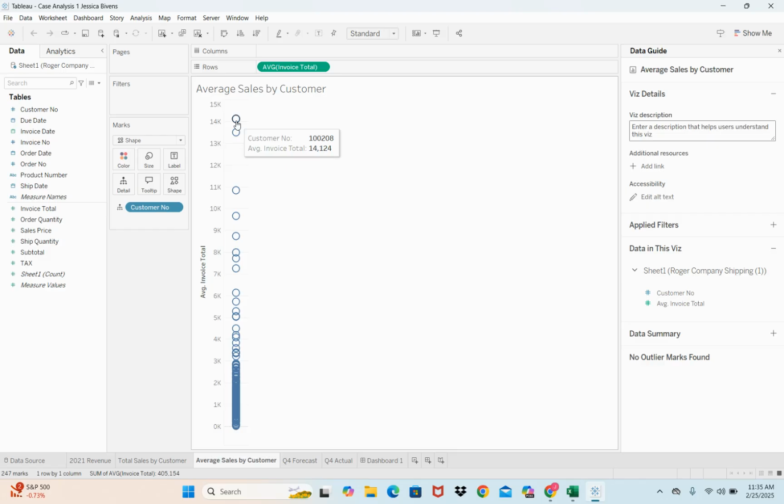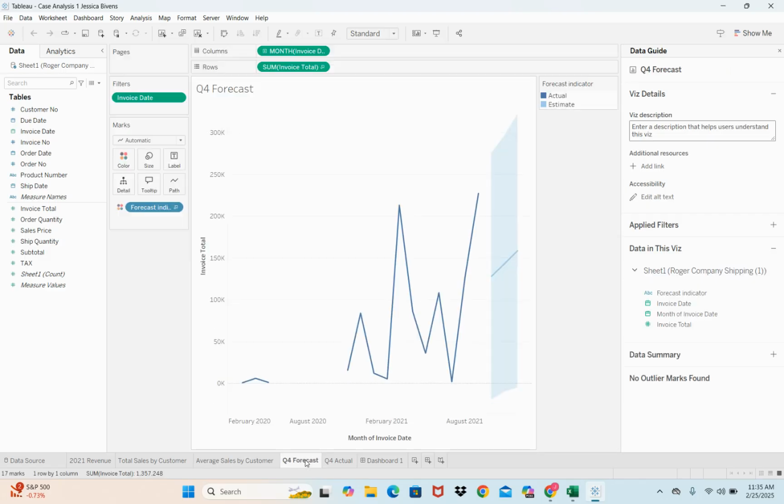Moving on to the forecast analysis. I used Tableau's forecasting function to estimate 2021 fourth quarter sales based on prior trends. I created this new worksheet here, named it Q4 Forecast, and compared the projections to actual sales figures to better assess performance. This will be our prior trends here.